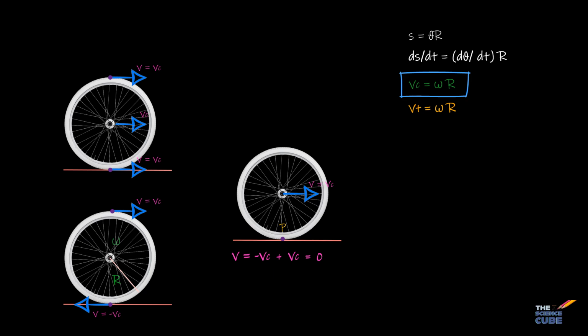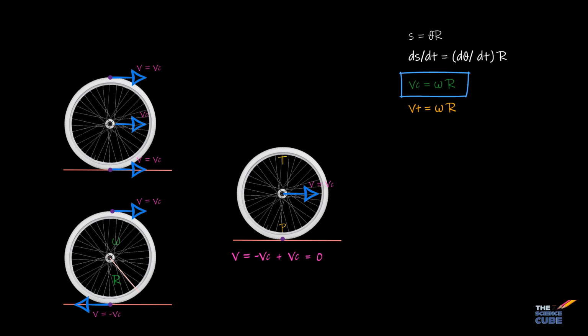It makes sense if you consider that if this point had a net velocity of its own, the tire would actually skid, creating skid marks on the road. That is, there would be relative motion and it would no more be rolling without slipping.